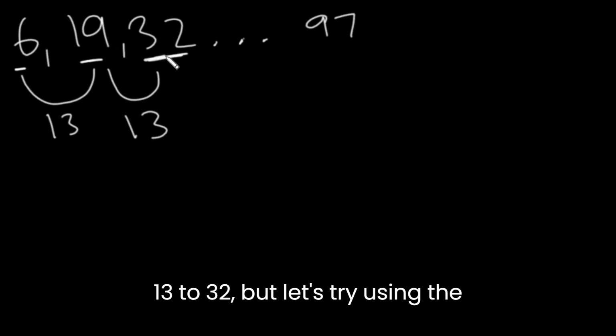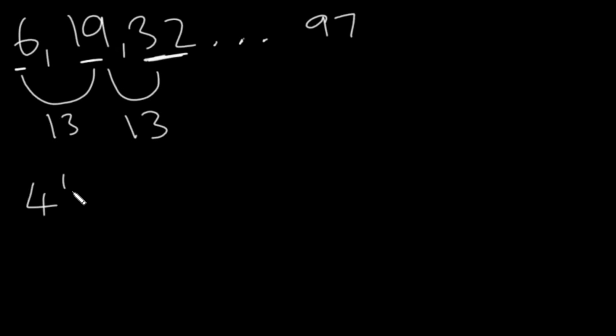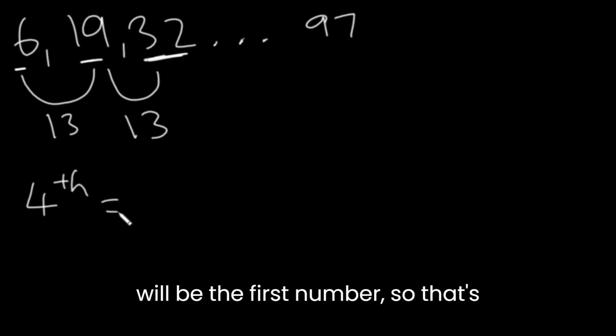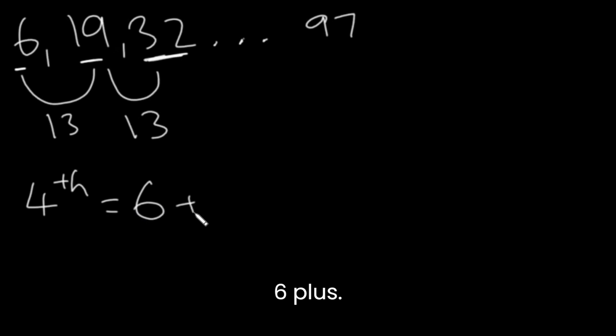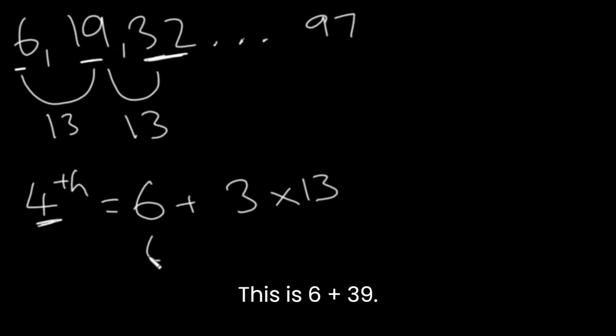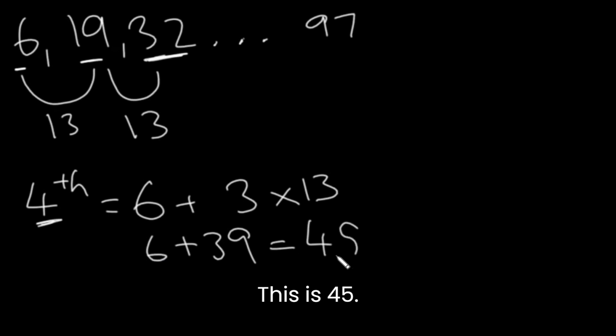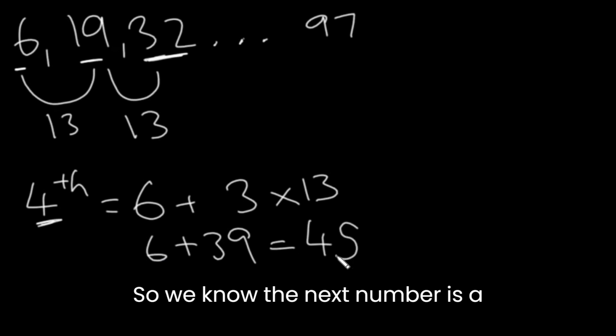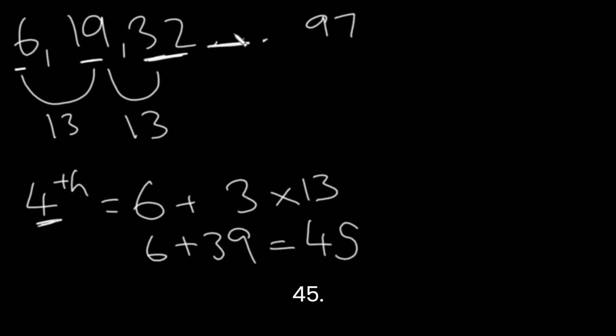But let's try using the formula. So the fourth number will be the first number, so that's 6, plus 4 minus 1, so it's 3, times 13. This is 6 plus 39. This is 45. So we know the next number is a 45.